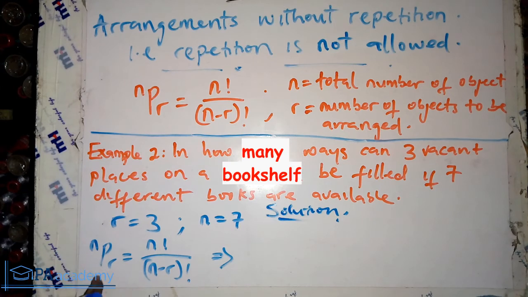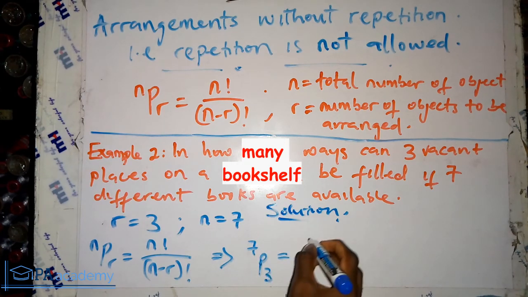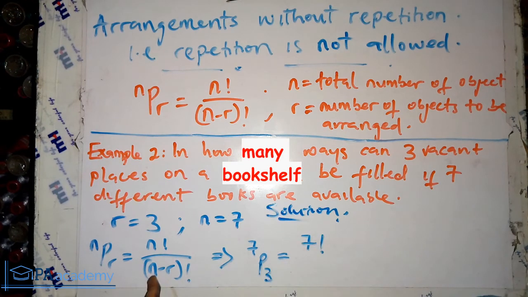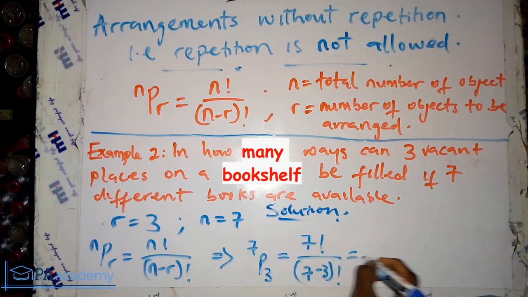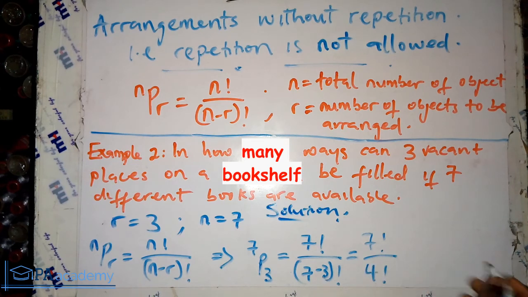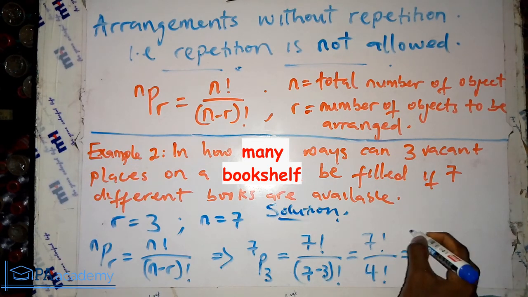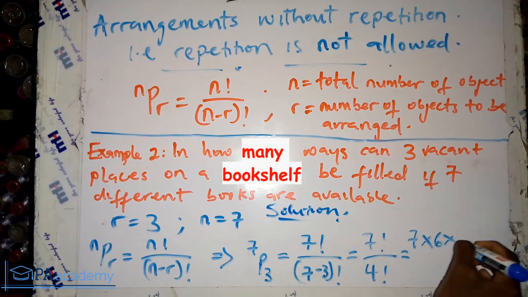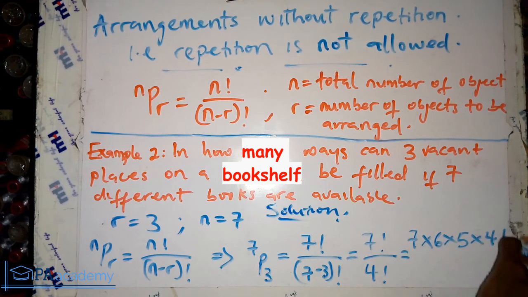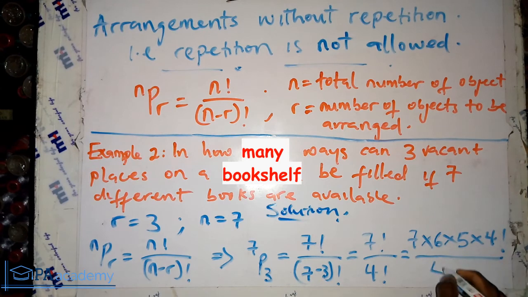nPr, our n is 7 and our r is 3. So that will be 7 permutation 3. That will give us 7 factorial over 7 minus 3 factorial, that's 7 factorial over 4 factorial. So that will be 7 times 6 times 5 times 4 factorial, all over 4 factorial.